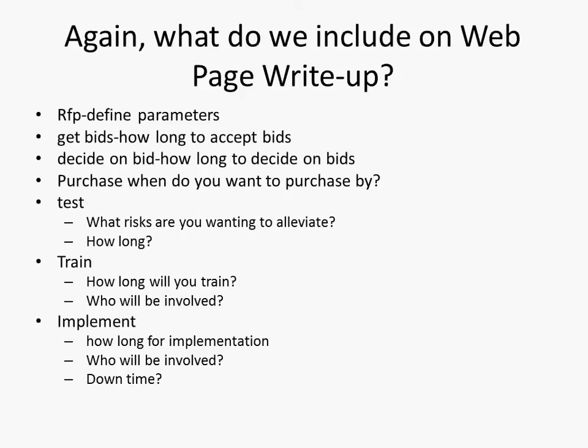Who will be involved? Okay. Will there be any money associated with that if you have to get the vendor to train on the new equipment? Or can you do a free vendor training, train the trainer, and then have the trainer, which would be, you know, someone in your facility, you could have them trained. Maybe you can think about things like that. You'll want to include that on that web page.